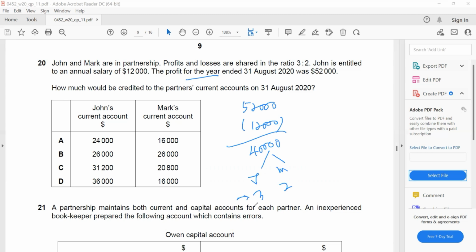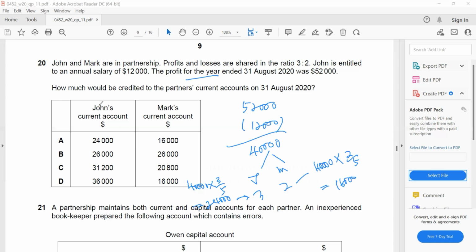John will get 40,000 times 3/5, which is 24,000. Mark will get 40,000 times 2/5, which is 16,000. So these two add up to 40,000.